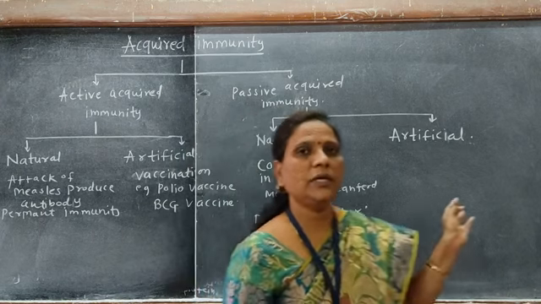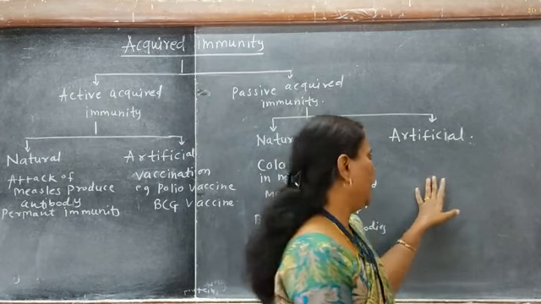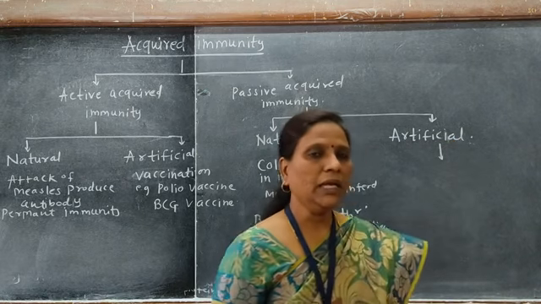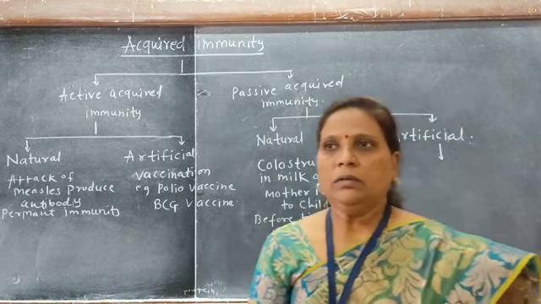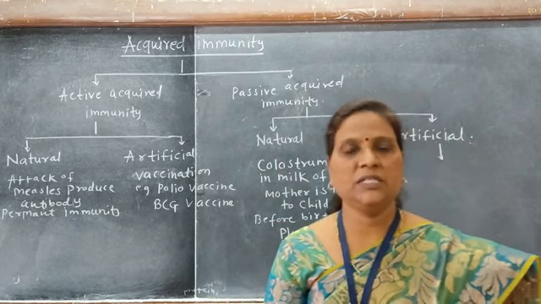Now we are going to study the artificially passive acquired immunity. Now how it is produced? Mainly for pathogens like the rabies.